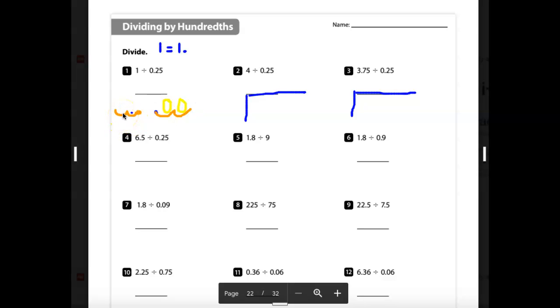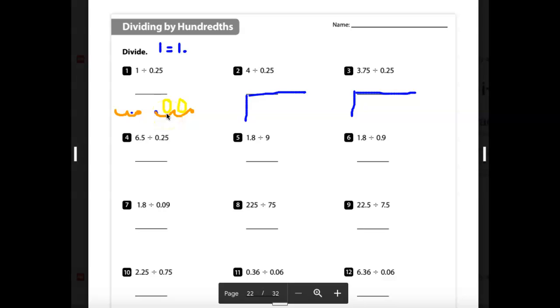All right, so this is really saying how many 25s are in 100, okay? You could think of money, how many quarters are in $1, but let's go through the steps. So 25 into 1. Well, 25 won't go into 1. Now look at 10. Will 25 go into 10?